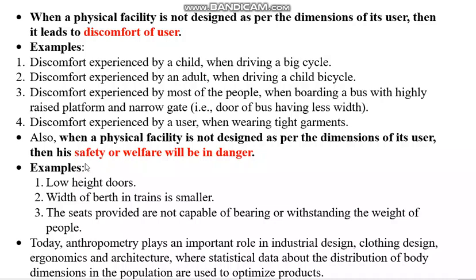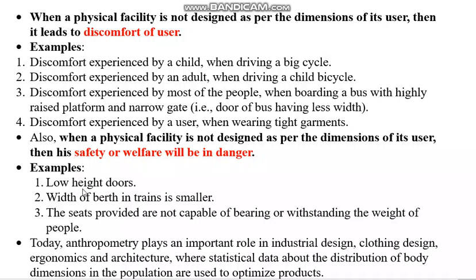And here we are saying another statement. If the physical facility is not designed as per the dimensions of its user, then his safety or welfare may also be in danger. Suppose you are 5.5 feet tall.